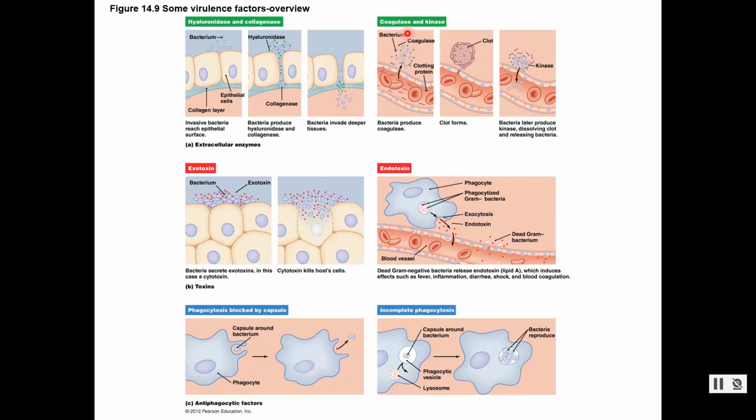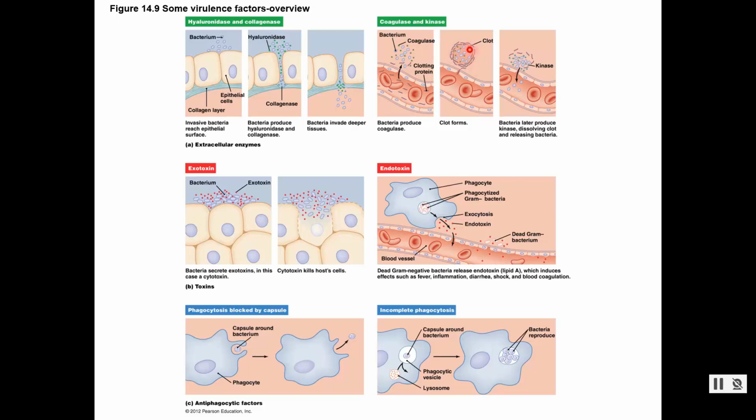There are two other enzymes we were talking about, coagulase and kinase. If a bacterium gets inside our body and is able to produce these enzymes, they are also virulence factors. The bacterium gets inside and produces coagulase, which, as you can tell from the name, forms a clot inside your body. Why is the bacterium forming a clot?